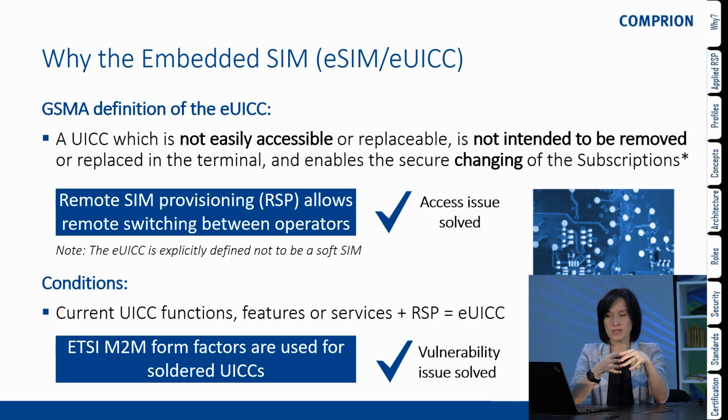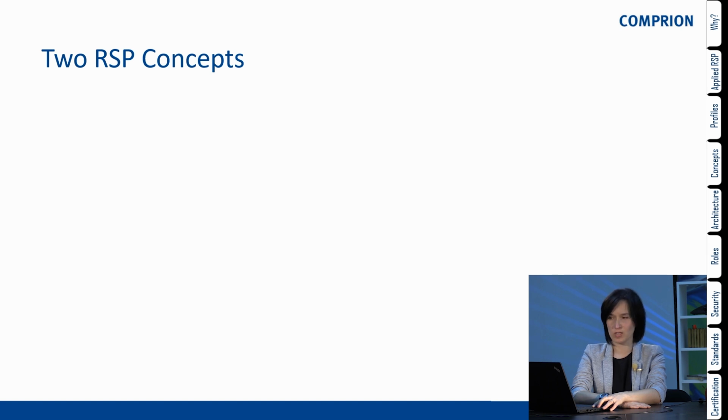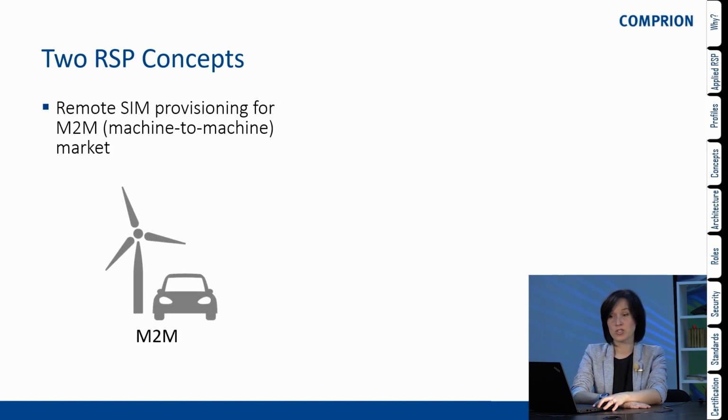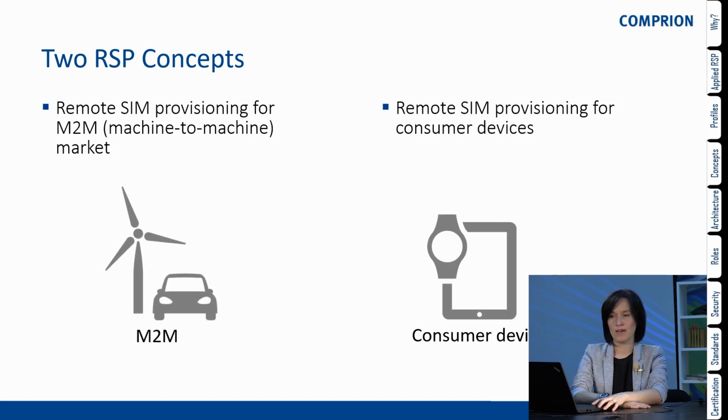The idea is that you have the M2M form factors to solve the vulnerability issue, meaning the eUICC is not intended to be replaced or removed from the terminal. And to solve the logical issue of switching between the different operators, we have this concept of remote SIM provisioning. The two GSMA concepts are the machine-to-machine one and the consumer devices one.